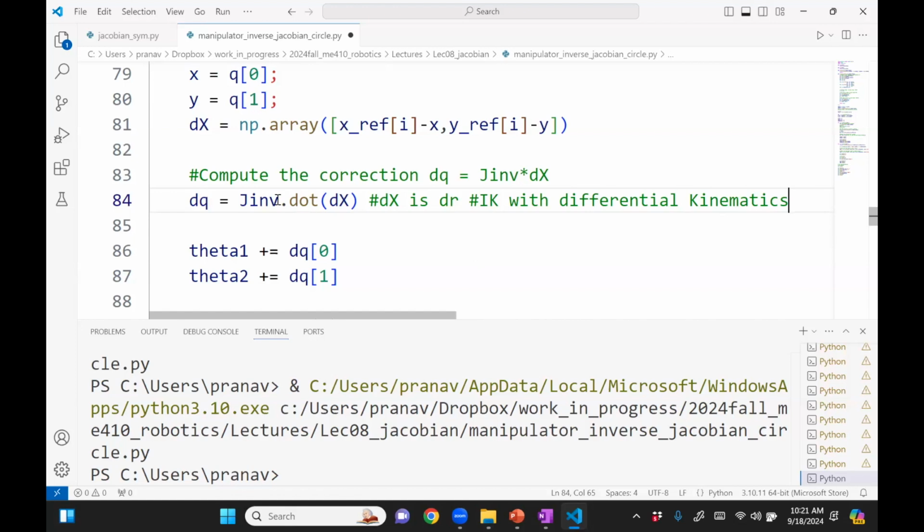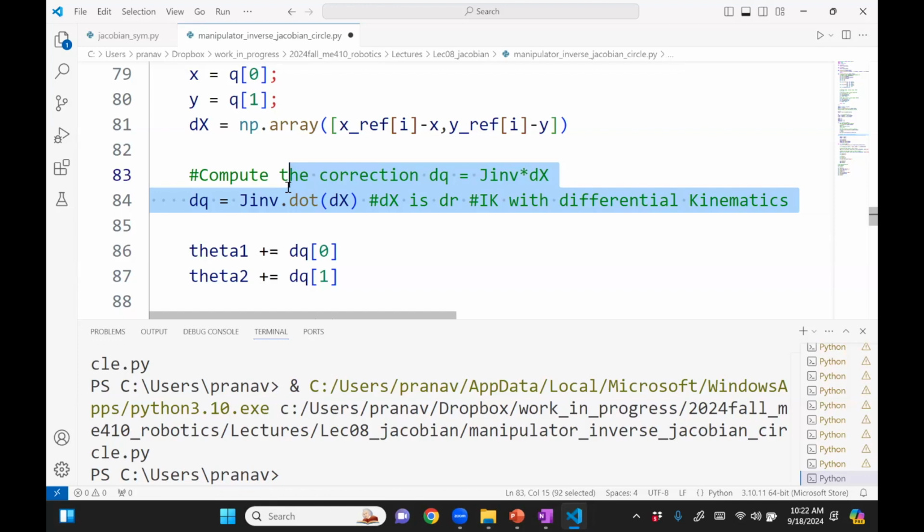Okay, now there's another problem here, which I don't know if you noticed, but this only works if the determinant of J is not 0, right? So there are cases where J inverse cannot be computed. An example would be if you take the manipulator and you make the arm straight, that is, the angle theta 2 is 0, then the determinant of J would be 0.